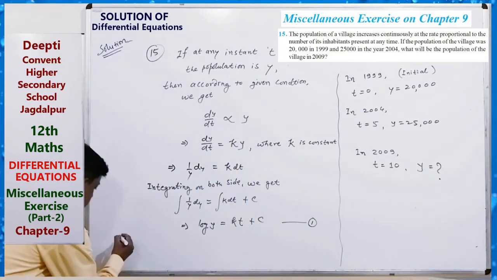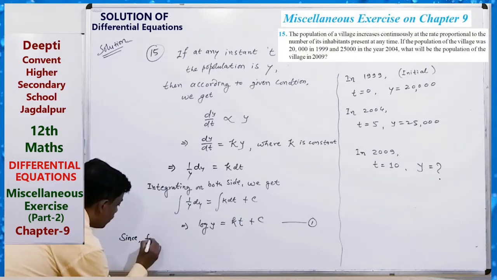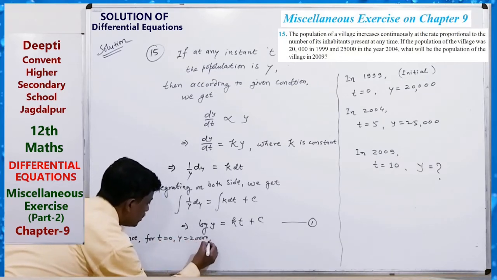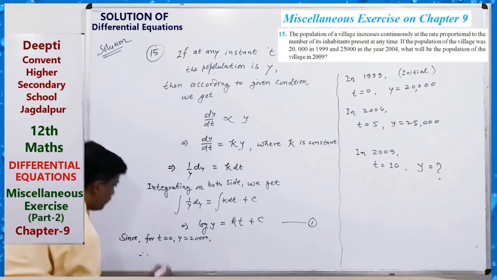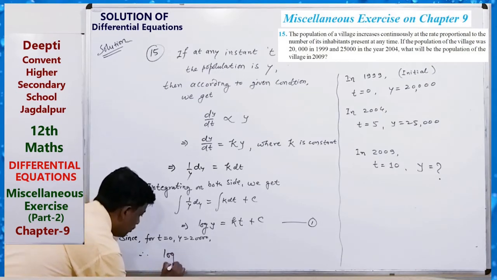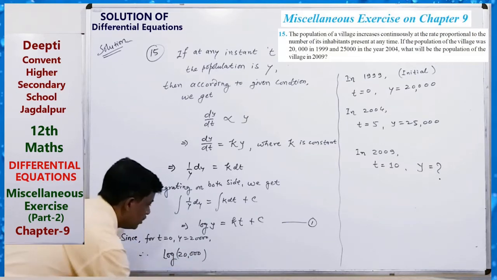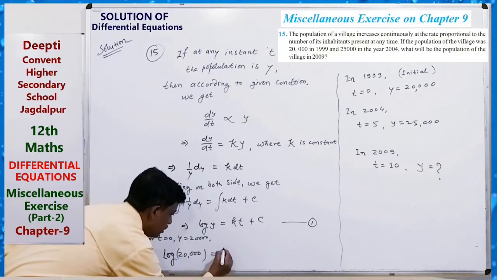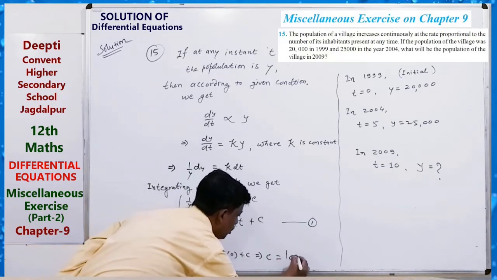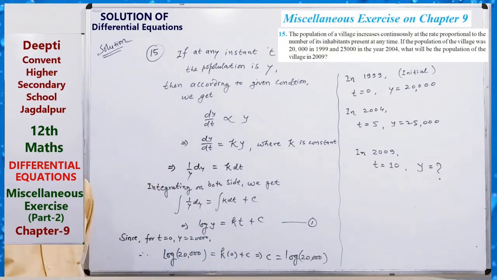Since for t equals 0, y equals 20,000, therefore log of 20,000 equals k into 0 plus c, which implies c equals log of 20,000. Clear?